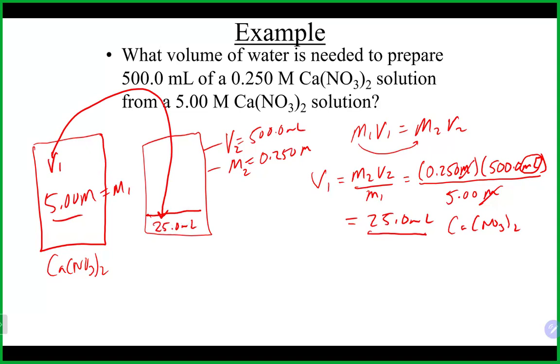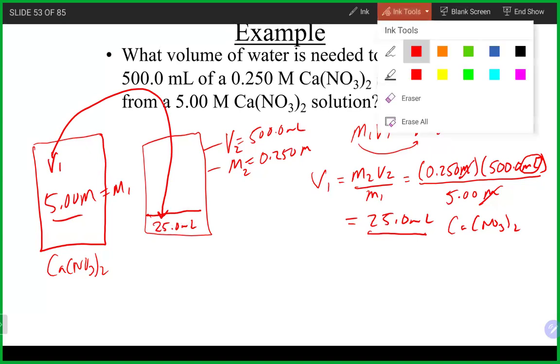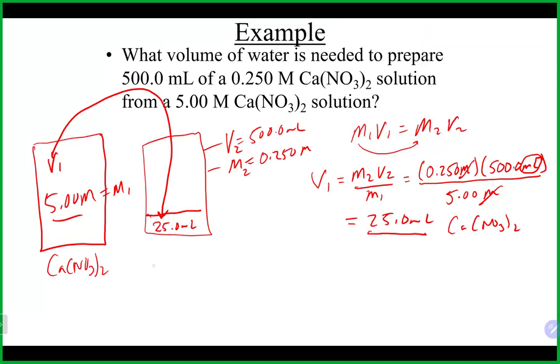Remember, to find the amount of water that we need, typically the volume of water would be our final volume minus what we just put in there. We want to end up at 500 milliliters. We just put in 25 milliliters.